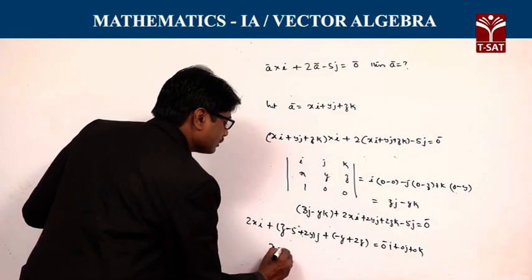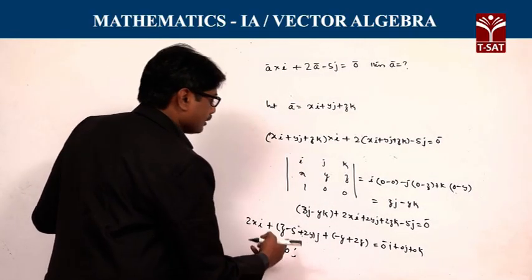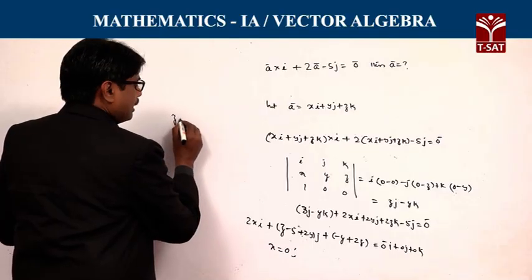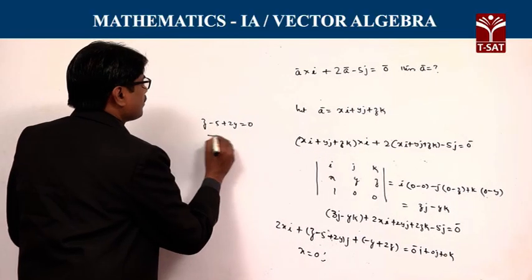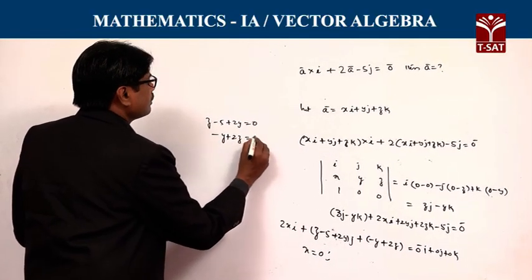Then x is equal to 0 comes out clearly. Another equation is z minus 5 plus 2y is equal to 0. The third equation is minus y plus 2z is equal to 0.